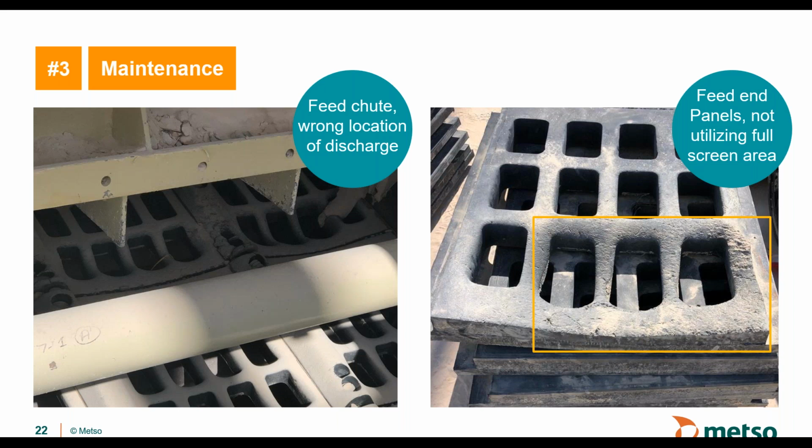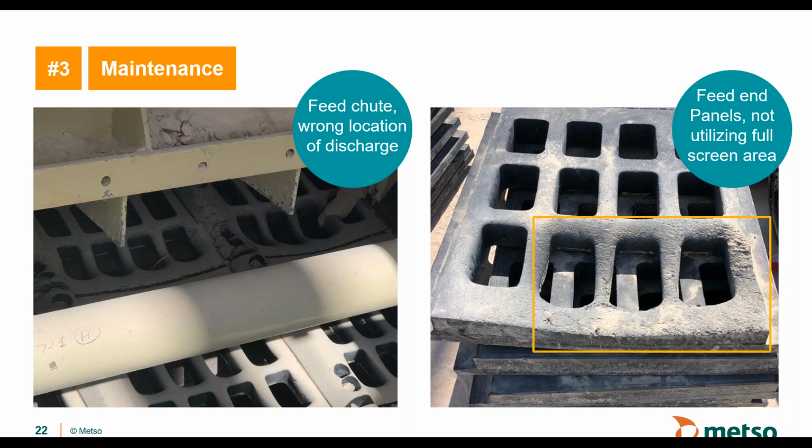So by incorrect feed location, there are several drawbacks, and one of them is that you shorten the lifetime quite drastically of the feed and screen cloths here. Had you fed the feed directly to the feed box, the lifetime of this installation would be much longer.